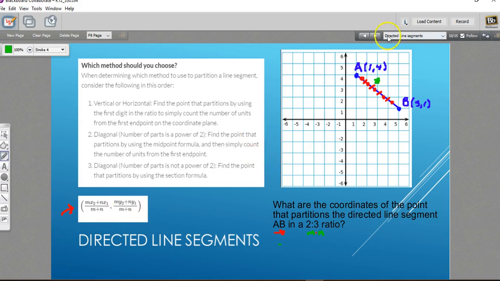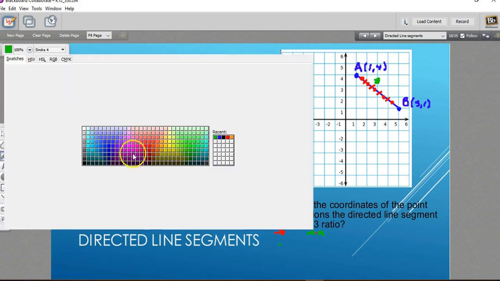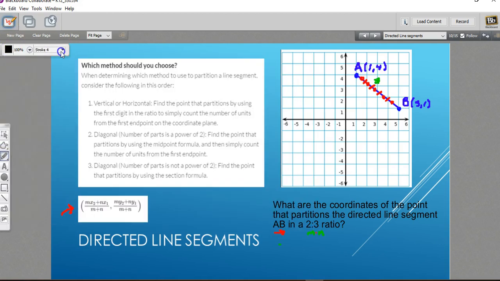So now we have enough information to solve this. Now remember, since A is our first point, then it is going to be x1, y1. And we know that's our first point because of the very name right here, AB. And then B is x2, y2. So we go ahead and plug these in.